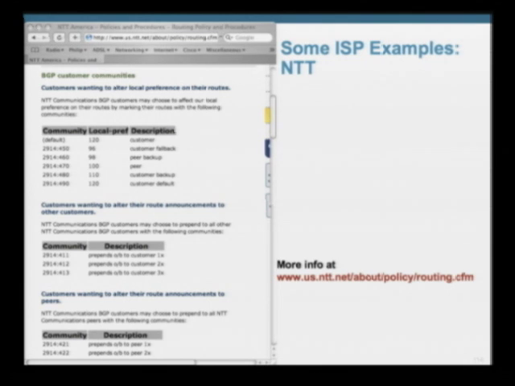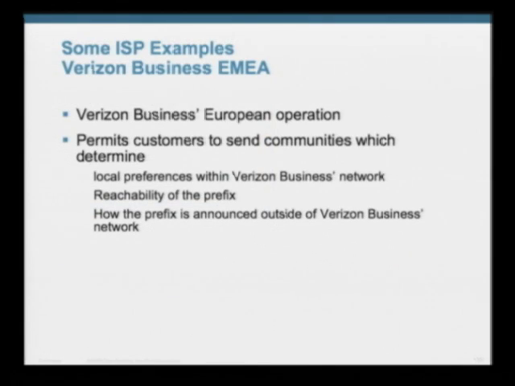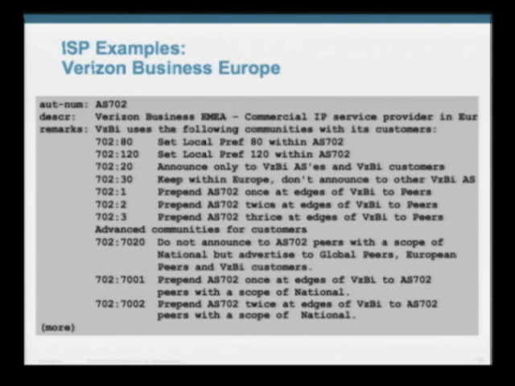So there's some more possibilities. Verizon Business in Europe. So here's another one. This is picked out of the Internet Routing Registry run by the RIPE NCC.